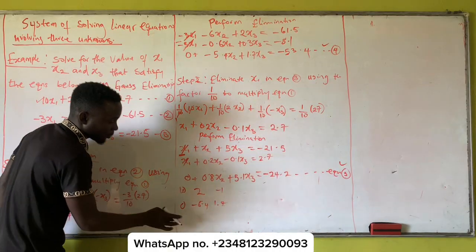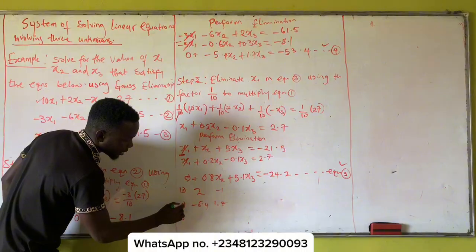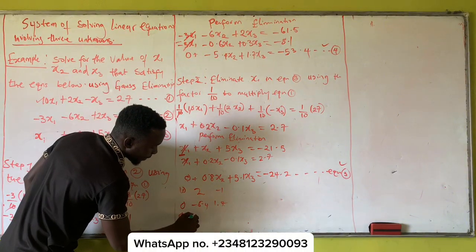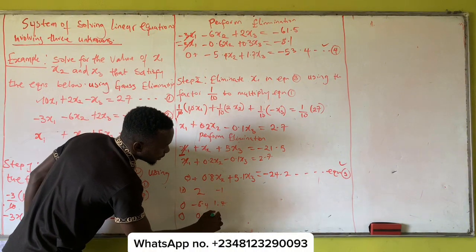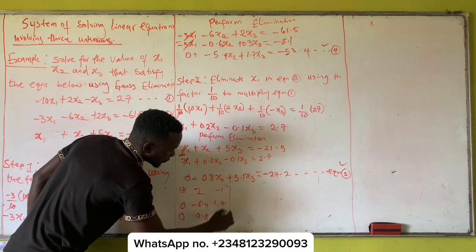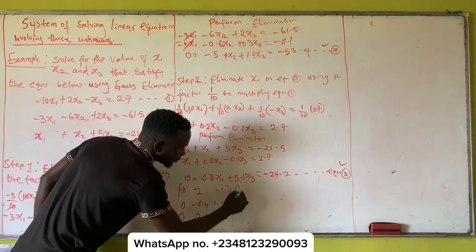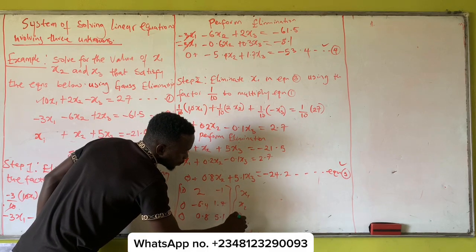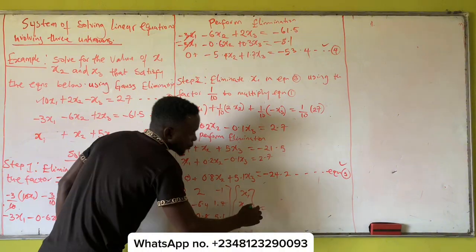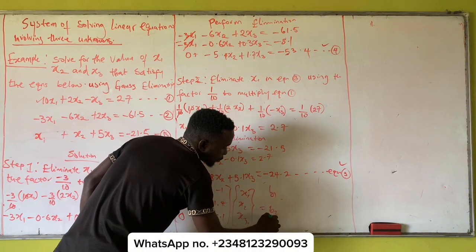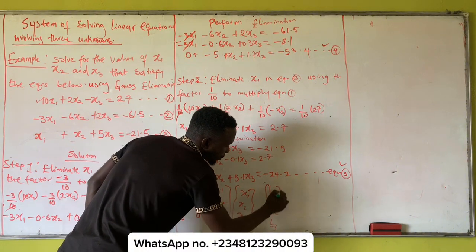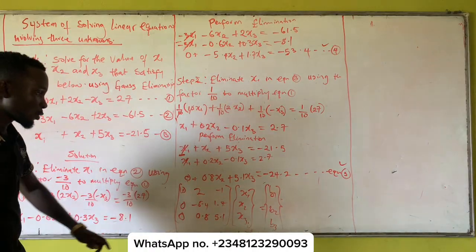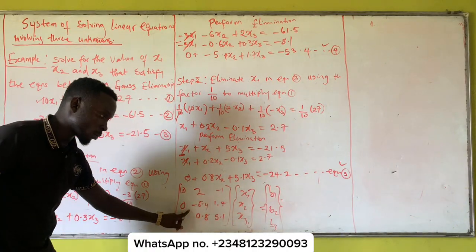Remember, we've already succeeded in putting 0 here too. So 0, then 0.8, then 5.1, into x1, x2, x3 equal to b1, b2, b3. So you can see that we've gotten 0 at these 2 points.